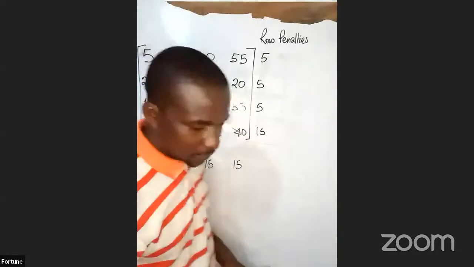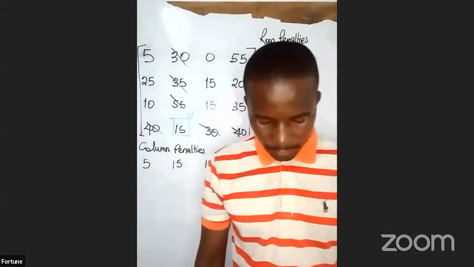Hello, sir. With the column penalty, we have 5, 15, 15, 15. Why do you choose to take the first 15 on the 30, 35, 55 column?